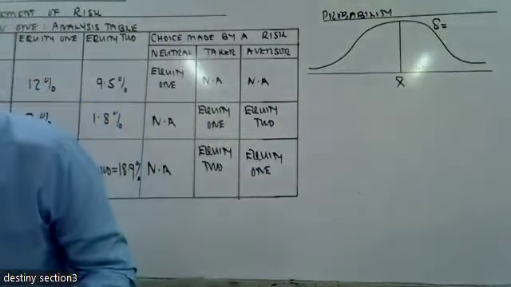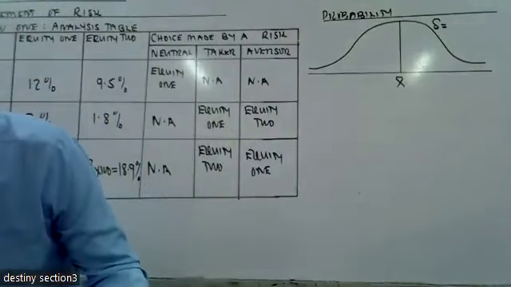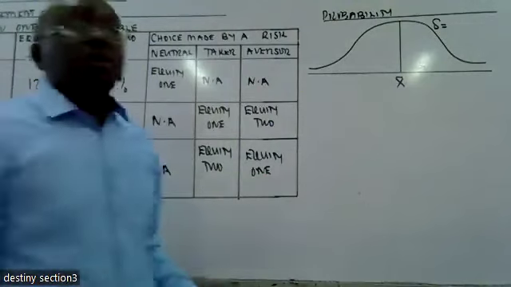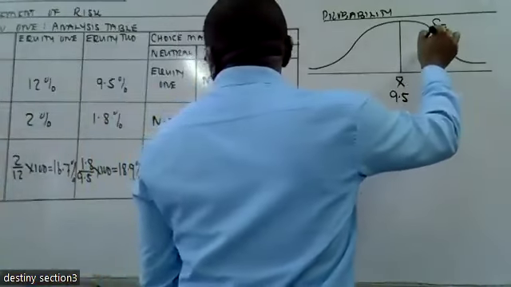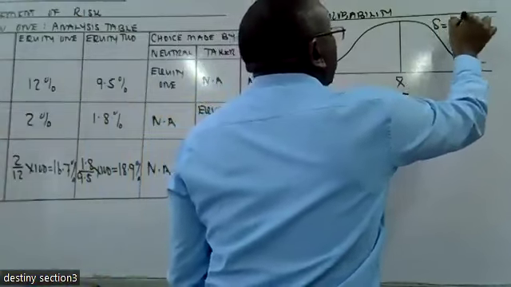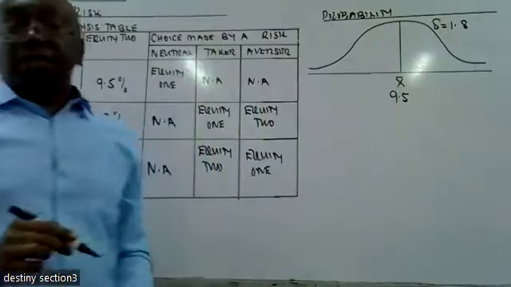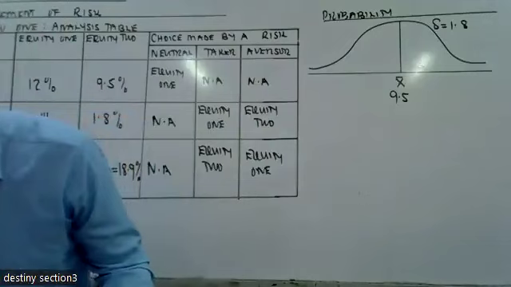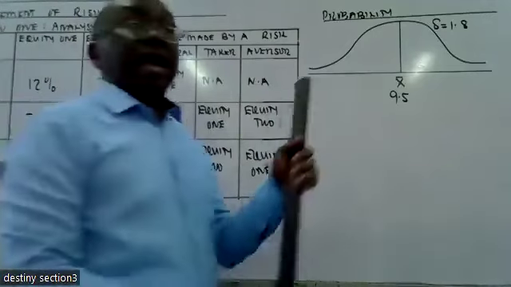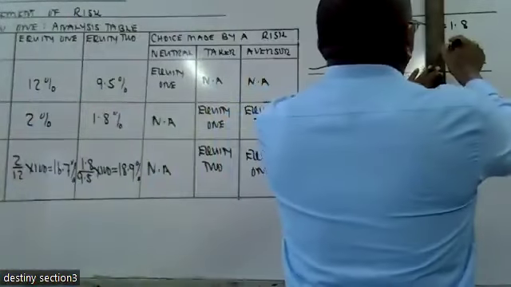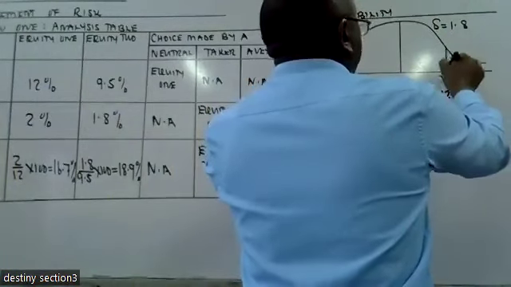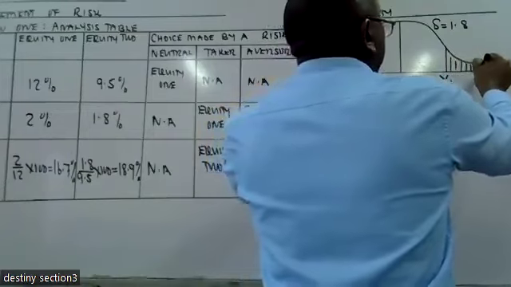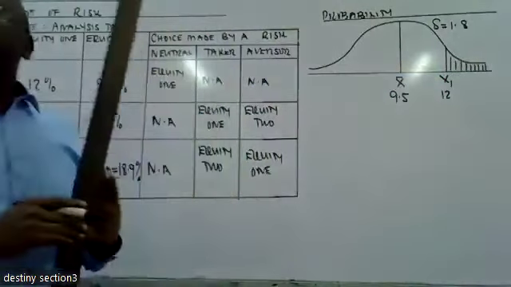Because we are told the probability that equity 2 pays a higher average rate of return, we are dealing with equity 2. Equity 2 is equal to 9.5, that is the mean, and the standard deviation is 1.8. We are told that it will pay higher. So equity 1 equal to 12, so 12 will be here, x1. We want higher, this one. That is what we want.